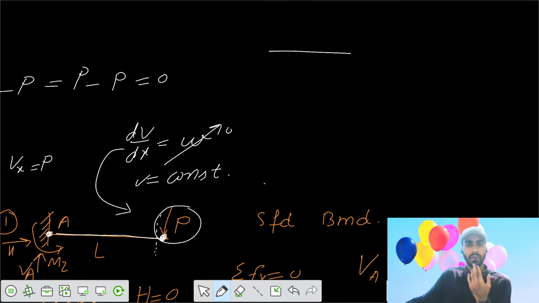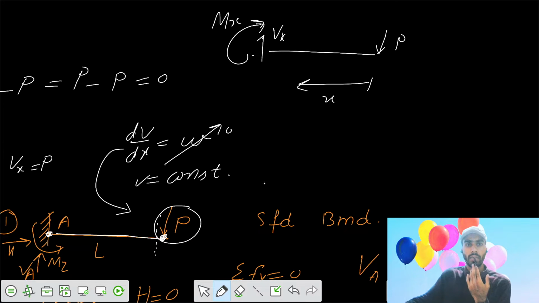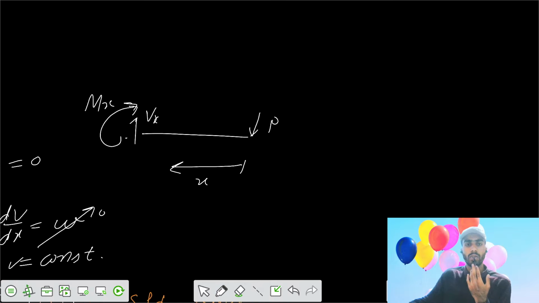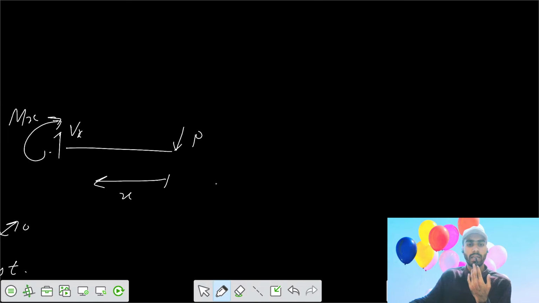Say this was your load P. If we cut a section at any x, here the shear force was Vx upwards, and bending moment was Mx. So we can also solve the shear force diagram and bending moment diagram this way. We can say summation Fy equals 0.